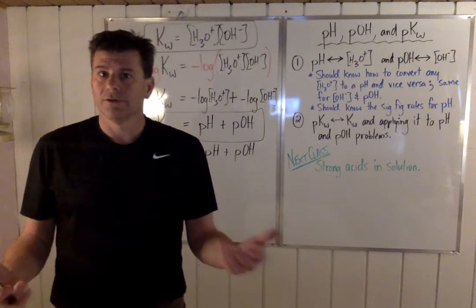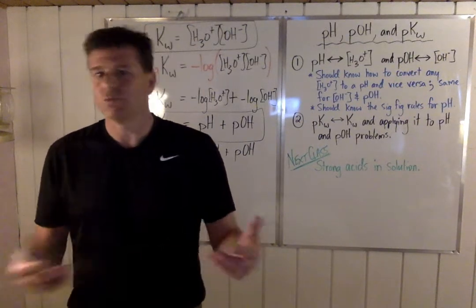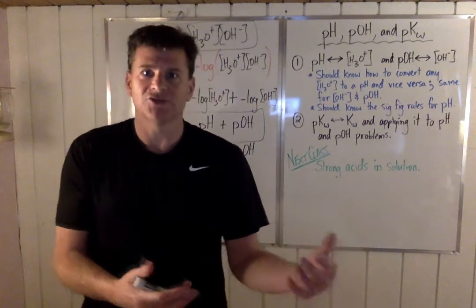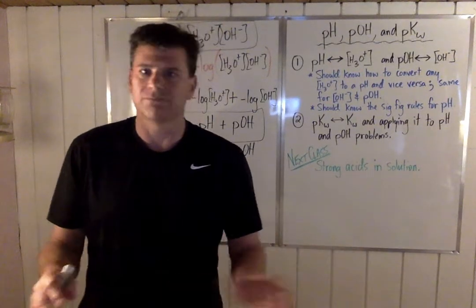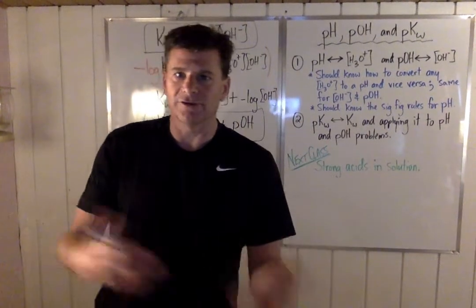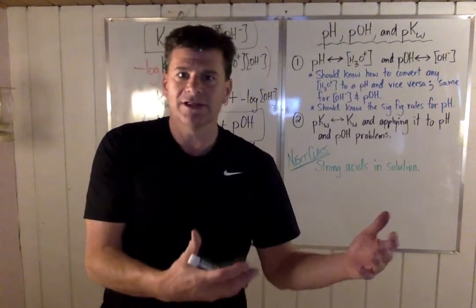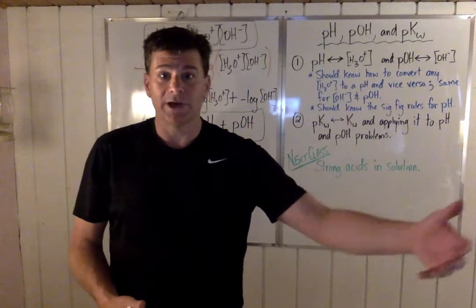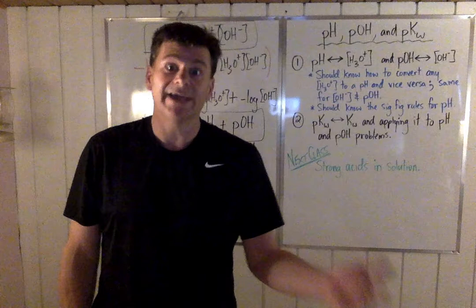There are going to be situations where you need one or the other. You calculate a hydroxide concentration. Later on, we're going to be doing big, giant calculations. You're going to have a base and you're going to throw it into water. You're going to calculate how much hydroxide it makes. That will give you the pOH. Then you're going to ask, what's the pH of that solution?